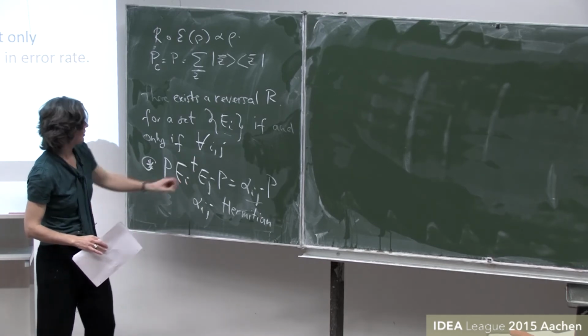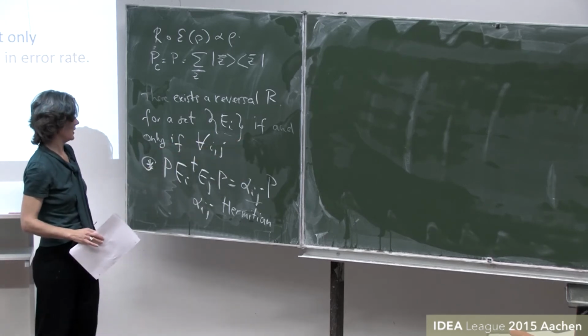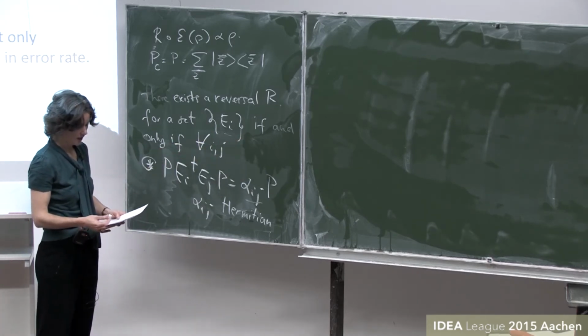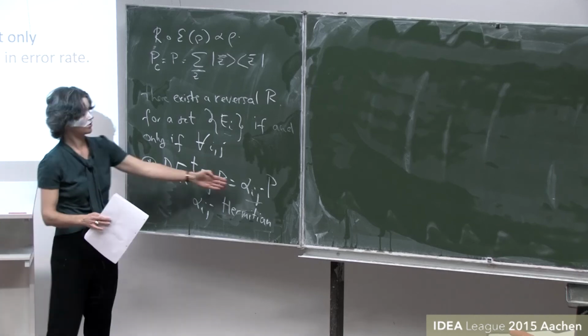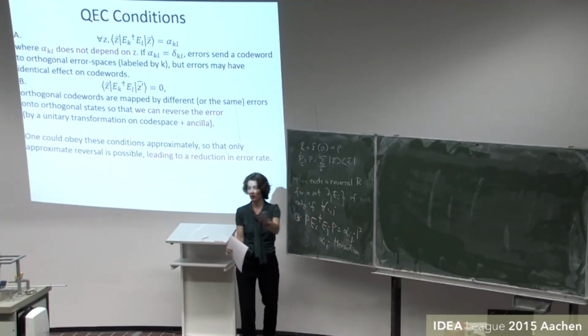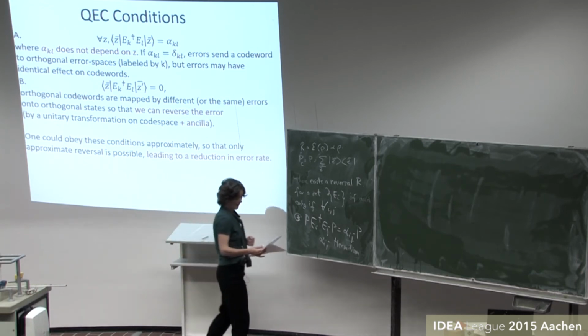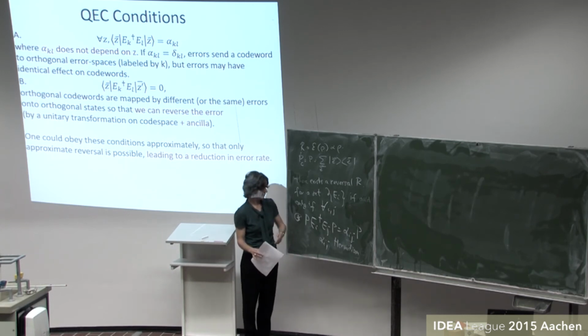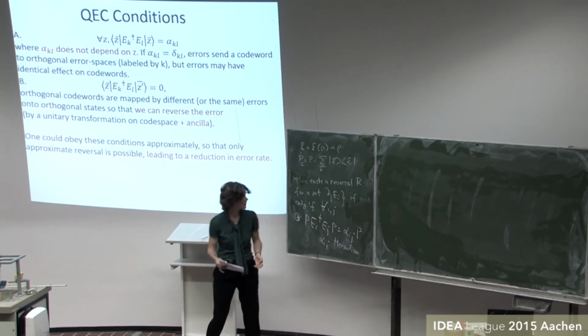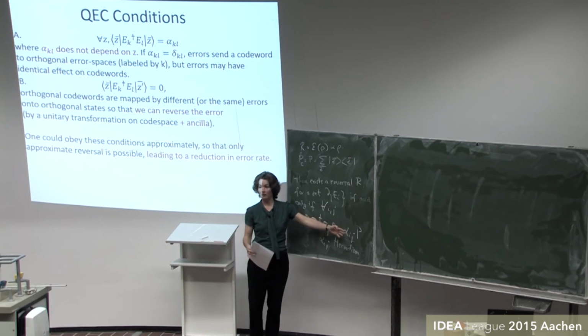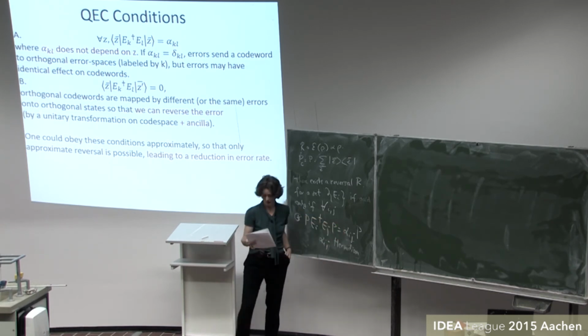And it's also an if and only if, so it means that I have to prove two things. I have to say that if this is true, I'm going to give you what is the reversal, right? What operation reverses the error, undoes the error. And on the other hand, I have to show if I have a reversal, then we can derive this. Yeah.